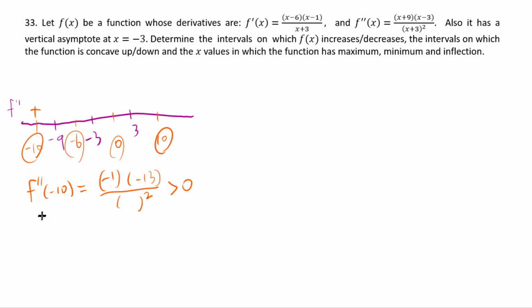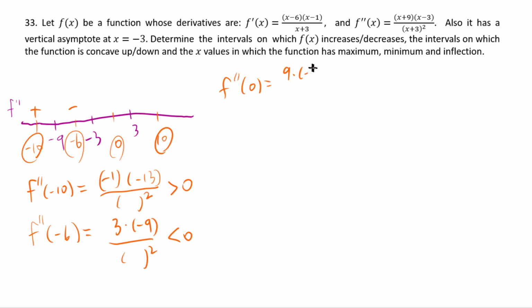And then f double prime of negative 6 would be 3 times negative 9, and negative 6 plus 3, that's always positive. So this case will be negative because positive times negative is negative. So negative. F double prime of 0 will be 9 times negative 3 over something squared. So that's negative. And f double prime of 10, which is 19 times 7 over something squared, and that's positive. Okay, so it's negative and then positive.